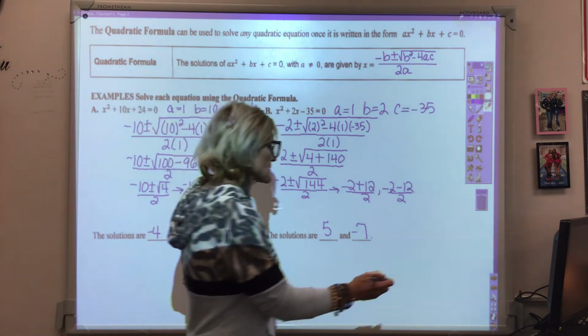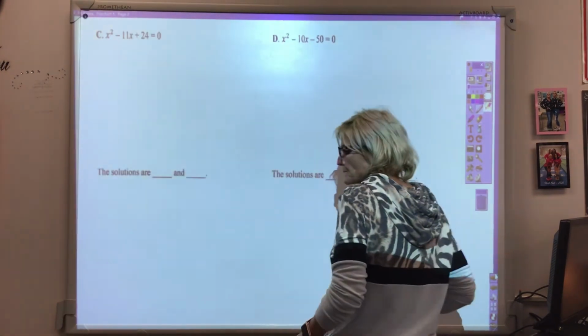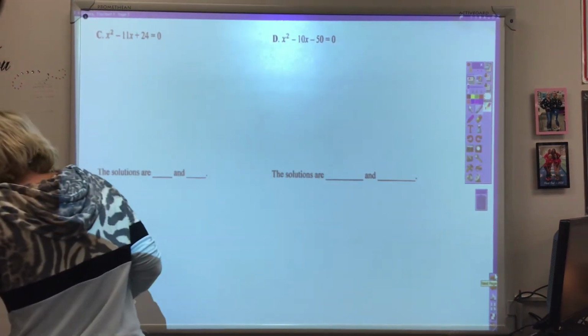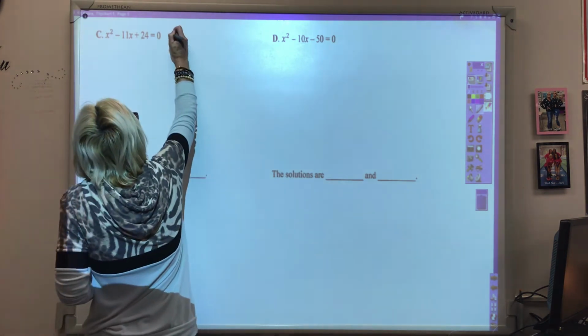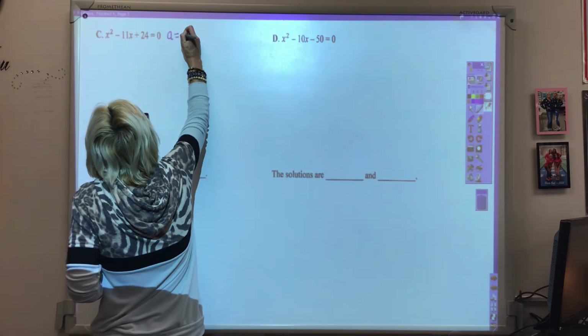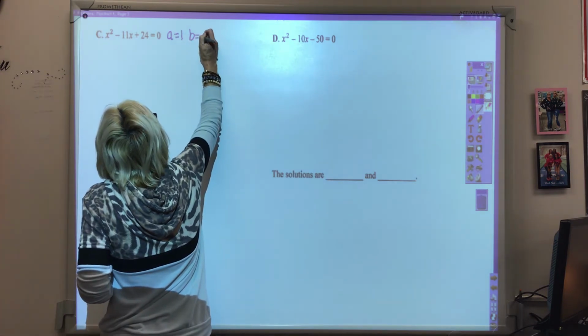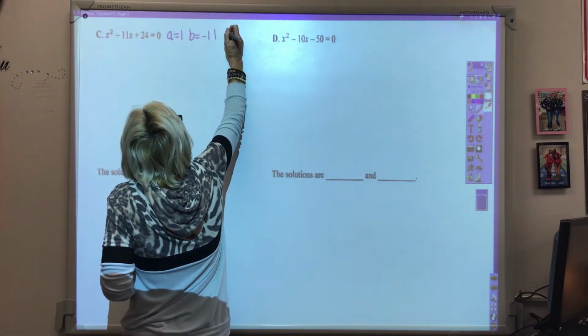Okay, let's try example C. All right, so on C, A is 1, B is negative 11, and C is 24.